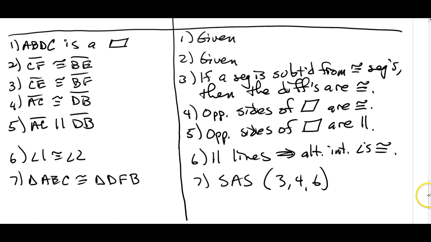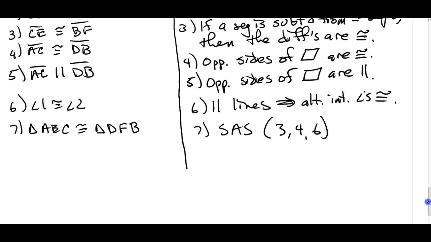And then once I have the triangles congruent, I know that segment AE is congruent to segment DF by CPCTC.